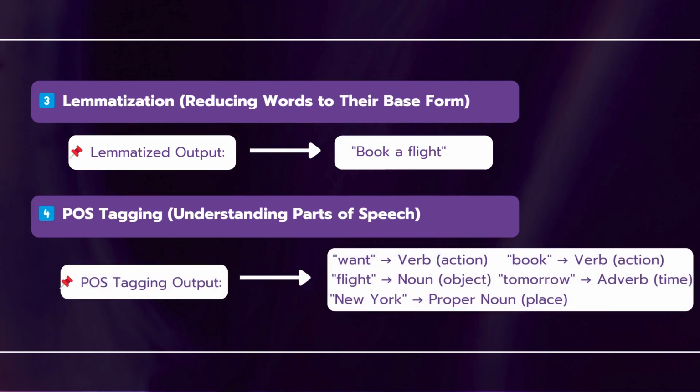Here, want and book are identified as verbs, flight as a noun, tomorrow as an adverb, time, and New York as a proper noun, place. With these techniques, the chatbot can accurately interpret the user's intent and extract meaningful data for further processing. Next, we will explore how intent detection and entity recognition work together to generate an appropriate response.